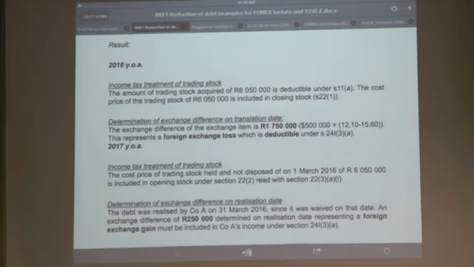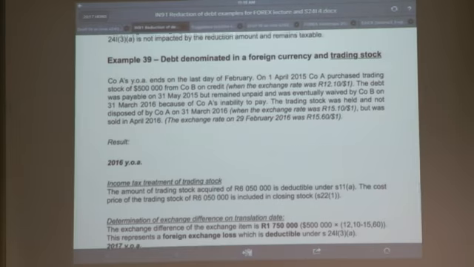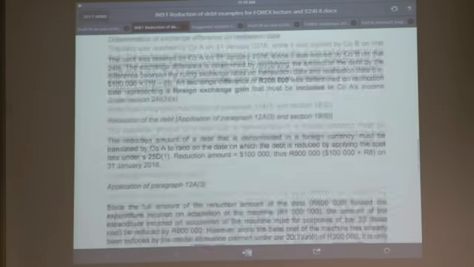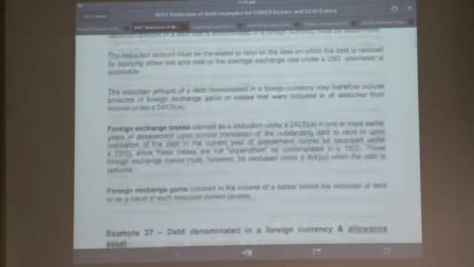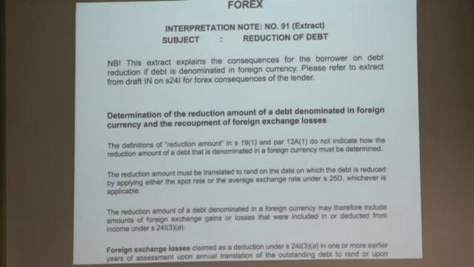So I want to just quickly discuss these 3 examples on the interpretation note. Interpretation note 91. Okay. So interpretation note 91 is now from the borrower's perspective mainly, because that's an interpretation note that dealt with section 19 and paragraph 12A. So that's the borrower.